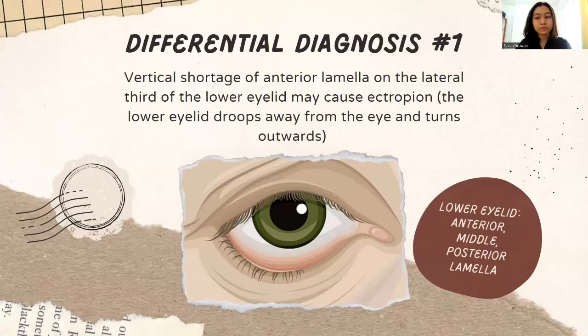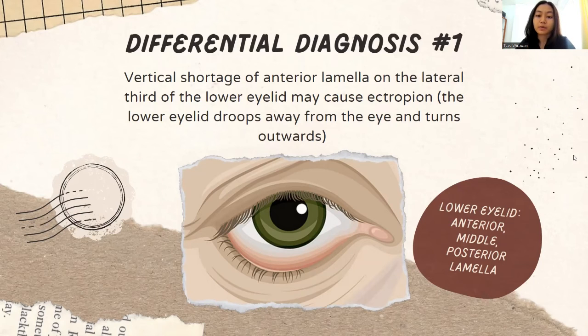Of the lower eyelid, and the vertical shortage of the anterior lamella on the lateral third of the lower eyelid may cause ectropion, which is when the lower eyelid drifts away from the eye and turns outwards. The second differential diagnosis is Parinaud syndrome, which is correlated with dorsal midbrain lesion, which may cause bilateral lid retraction due to the loss of supranuclear input to the third nerve nucleus.